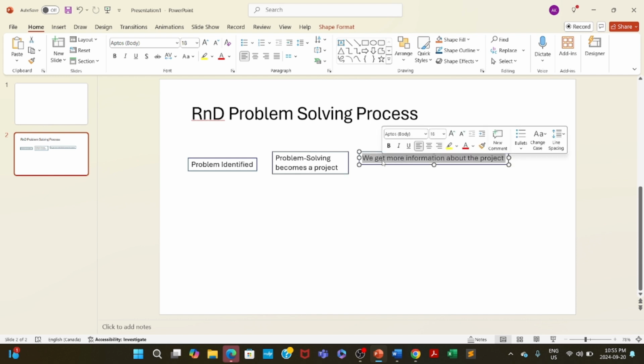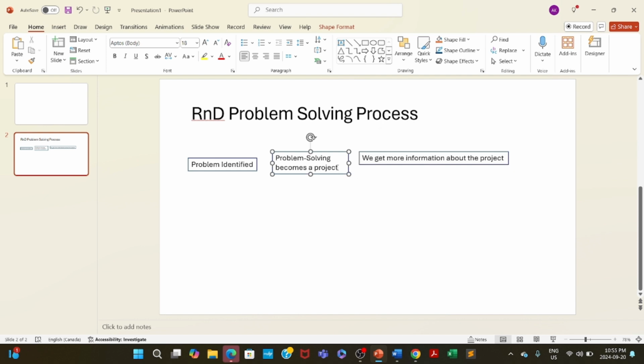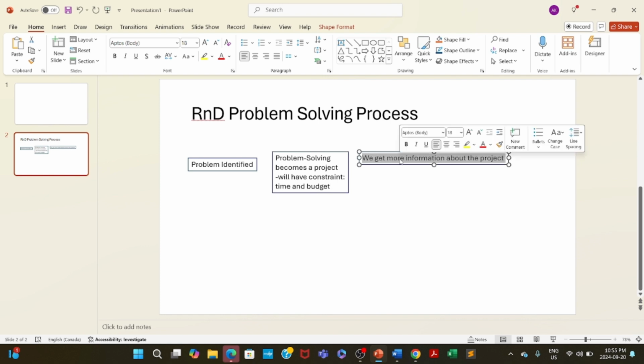So when it becomes a project, it will obviously have a time and budget constraint. So we know our deadline, and we know how much money we can spend on this.